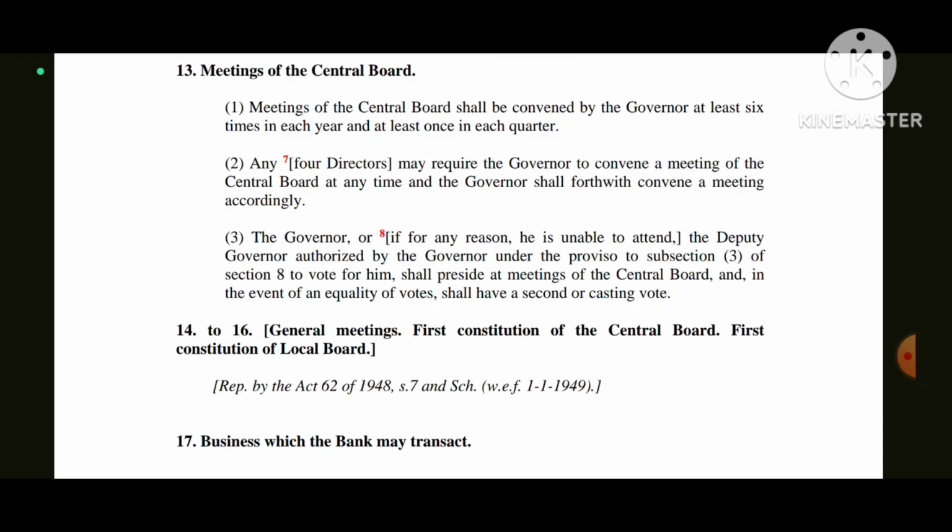Who are these 6? The 2 government officials appointed by the central government, and the 4 deputy governors also cannot vote. So in the absence of the governor, a deputy governor who has been authorized by him can cast a vote on his behalf and will have the casting vote in case of an equality of votes.